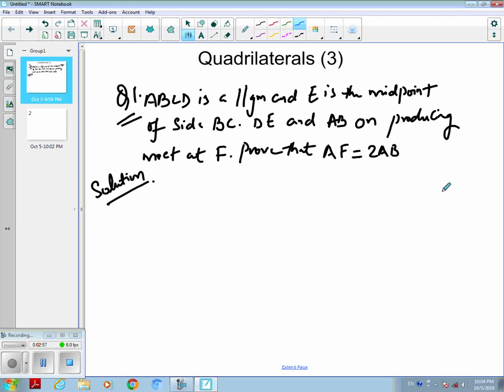It is given that ABCD is a parallelogram. So first draw a parallelogram. This is a parallelogram ABCD.